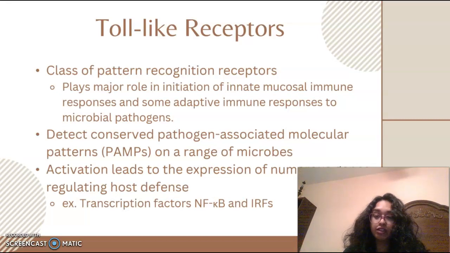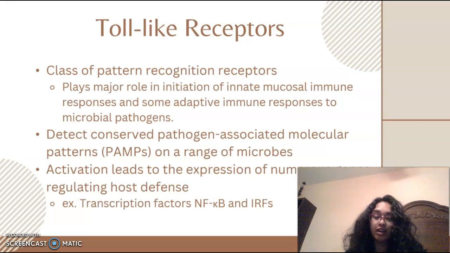Activation of the toll-like receptor signaling pathway leads to the expression of numerous genes regulating host defense, including inflammatory cytokines, chemokines, antigen-presenting molecules, and co-stimulatory molecules.